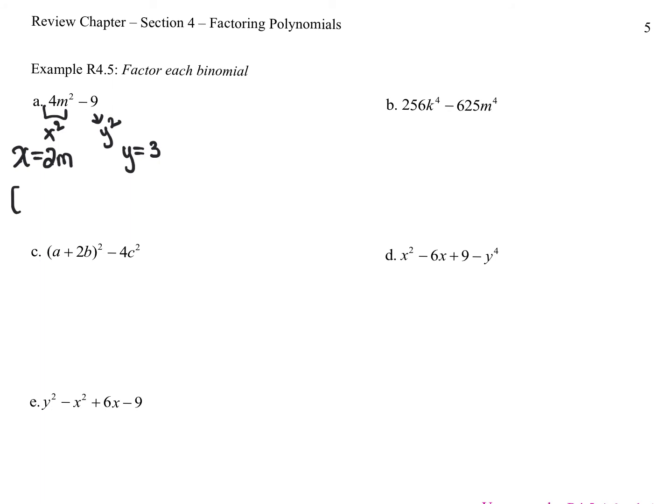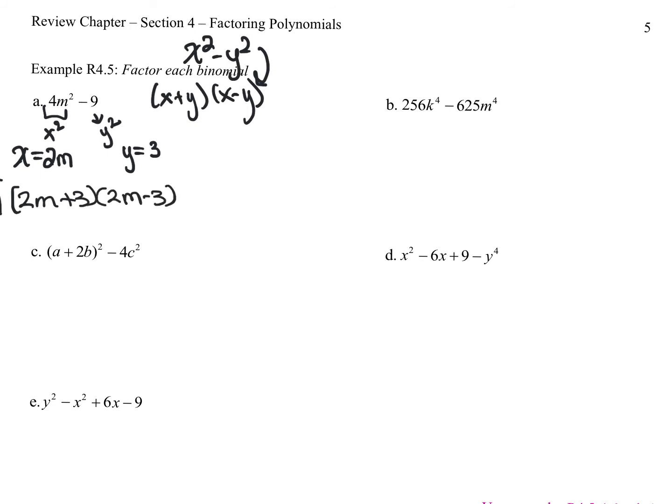Remember the pattern was x plus y, x minus y. When I have x squared minus y squared, this is where it came from. So I'm going to get 2m plus 3 and then 2m minus 3.